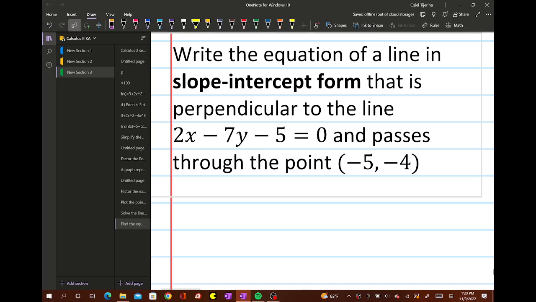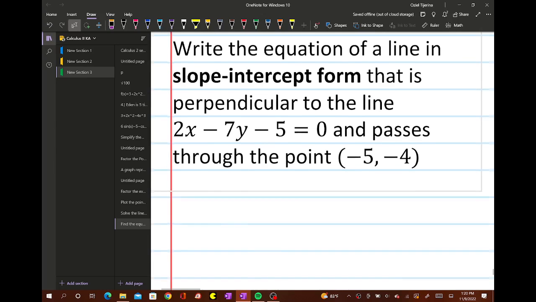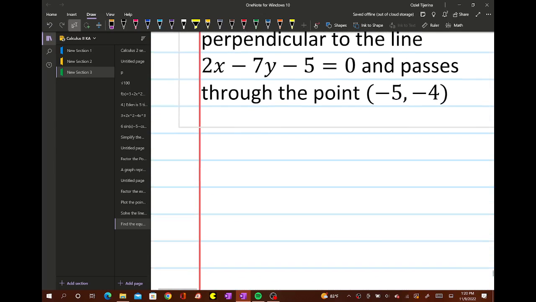What we're going to do here is first write the standard form equation right here, and we're going to solve for y. So we have 2x minus 7y minus 5 equals 0. To solve for y, you add 5 to both sides.